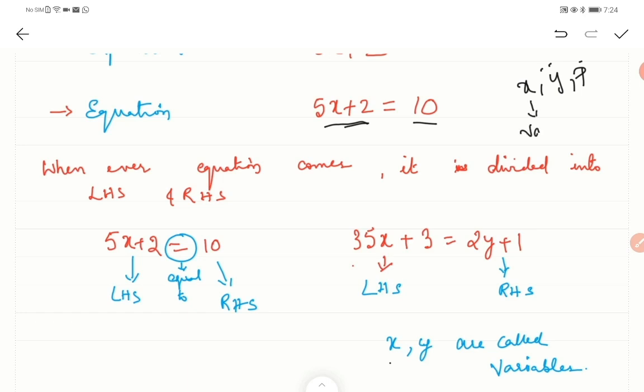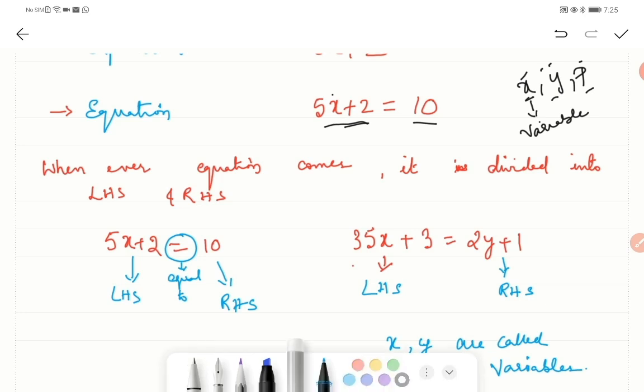Okay, you call them variables, which are unknown. Okay, we take this because we don't know which number it is, so it is a task to find that number. Okay, so we are going to see how we find this x by various methods.